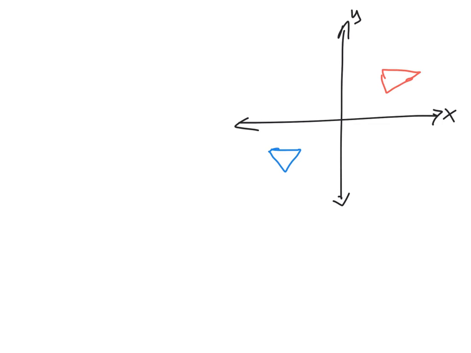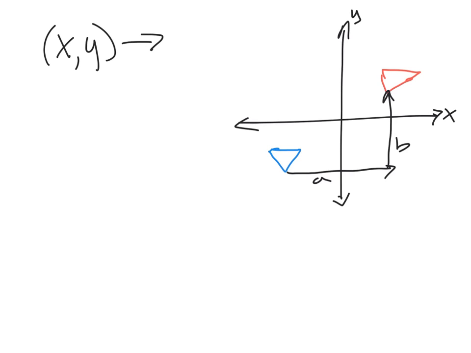To discuss the coordinate notation, you talk about one point and how it translates X, and then how it translates Y. So this would be A and this would be B. For instance, if I have the measurement X, Y for my first point on the blue triangle, we would talk about how it translates, and you would say X, the original X, plus how many we went across. That's the new position. And then Y plus B, or how much we went up.